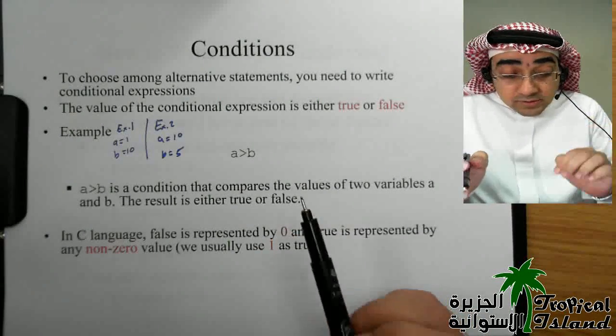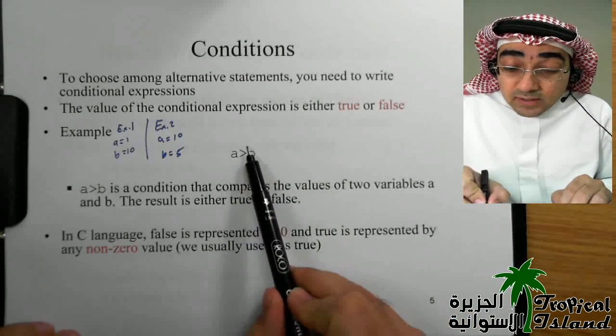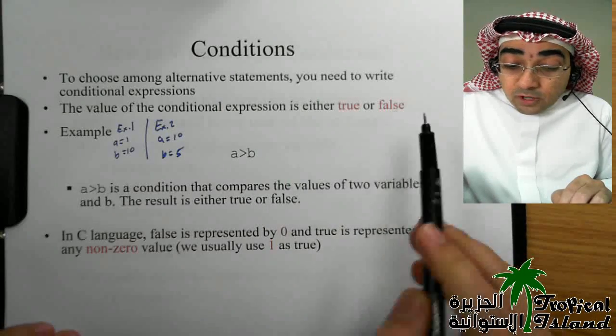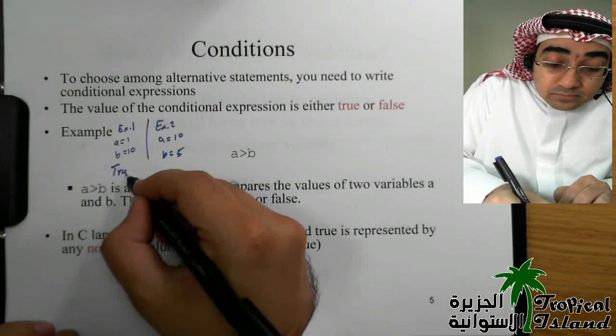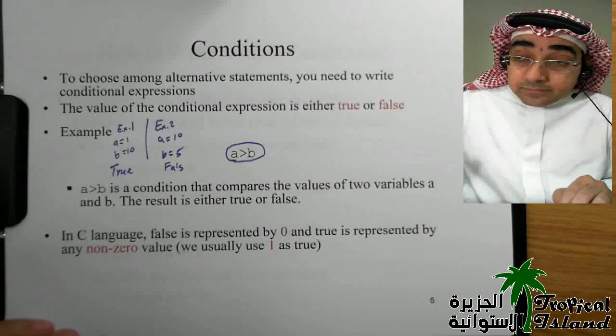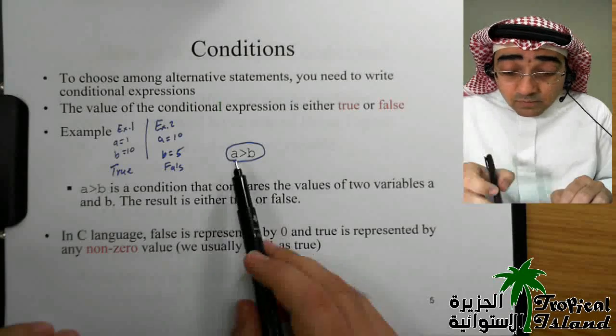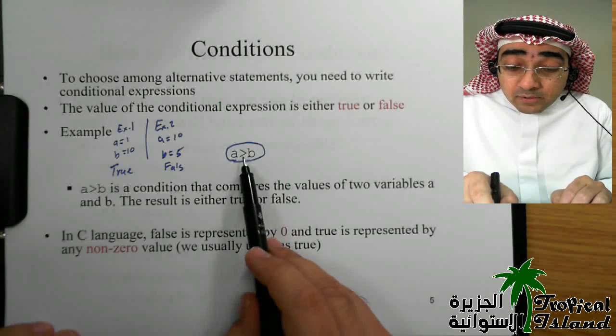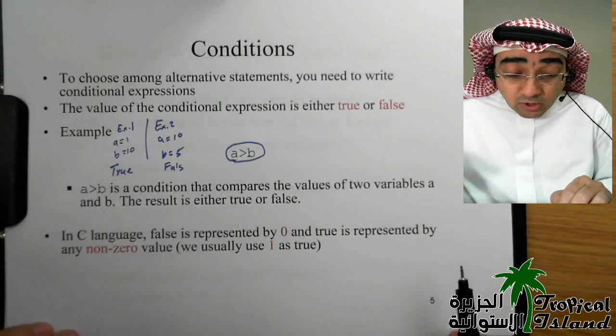Yes, A is greater than B, and in this case this condition results in true. So depending on the value of the variables, this condition is going to return either true or false.